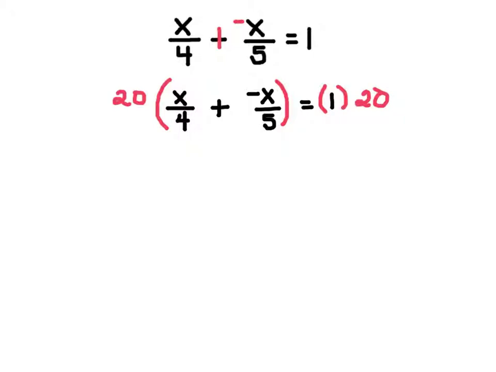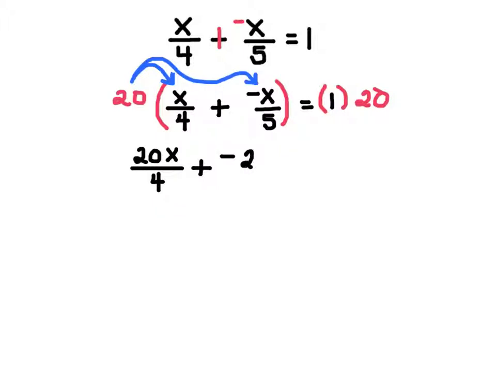When we do this, the 20 will be distributed to the x over 4, giving us 20x over 4 plus, now we're going to distribute the 20 to the negative x over 5, and that gives us a negative 20x over 5.